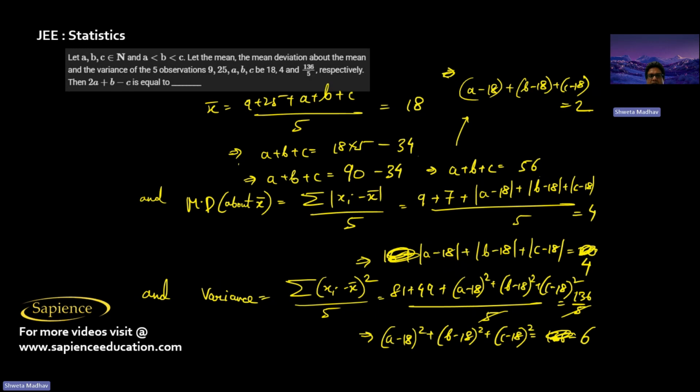That means B and C are more than 18, but A is less than 18. The mod of that is coming more than this. So B and C are more than 18, A is less than 18.